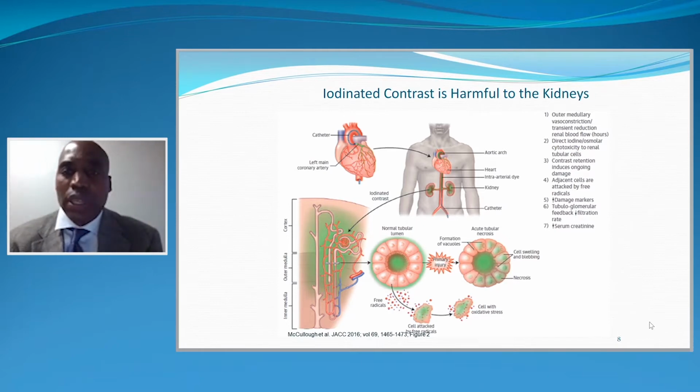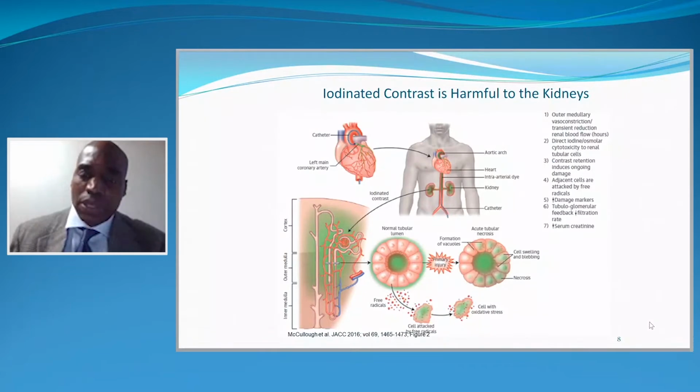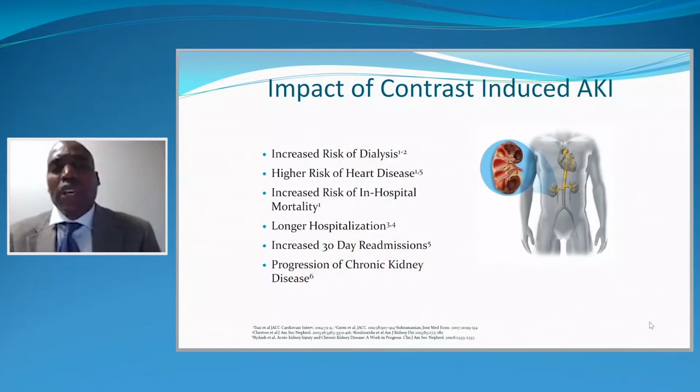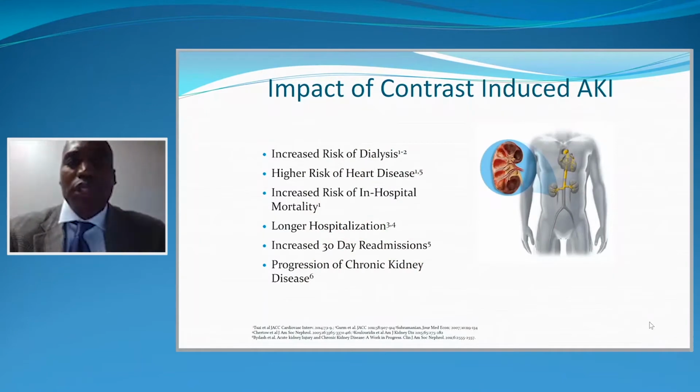It leads to the attack of adjacent cells by free radicals and results in an increase in the serum creatinine. So, contrast basically damages the tubular lumina of the kidneys and results in AKI through that mechanism. Contrast definitely increases the risk of dialysis. There is a higher risk of heart disease.